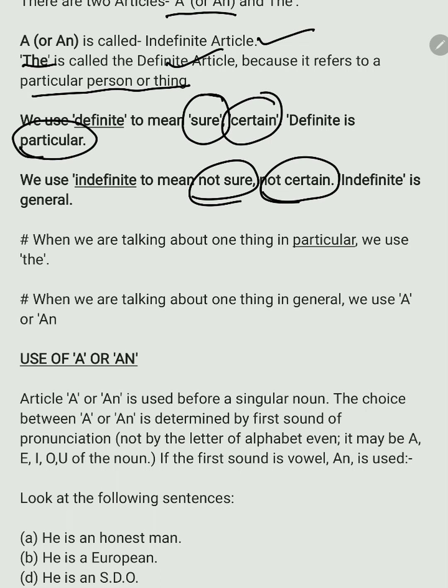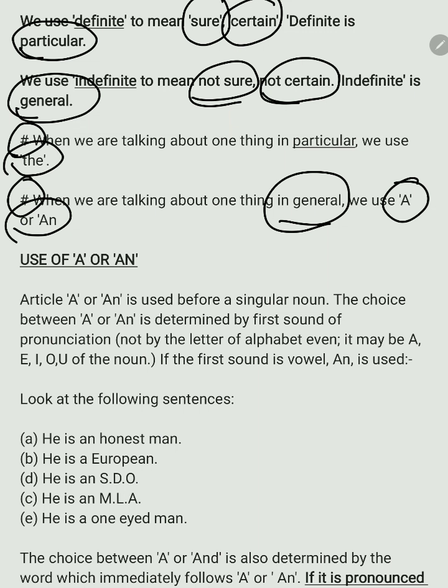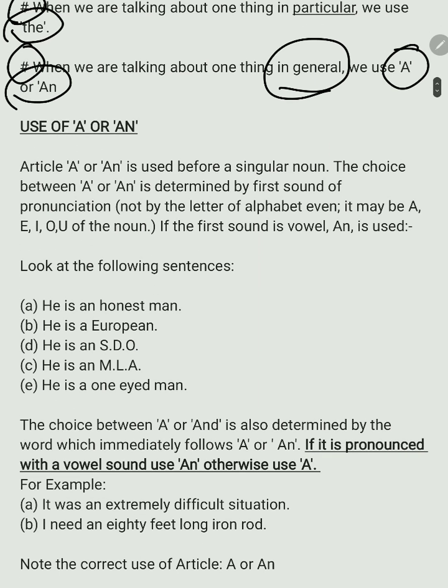The indefinite article we use when we are talking about something in general. Now, what we need to understand is, when we are talking about one thing in particular, we use the. When we are talking about anything in general, we use a or an. Now let us understand how to use a or an.